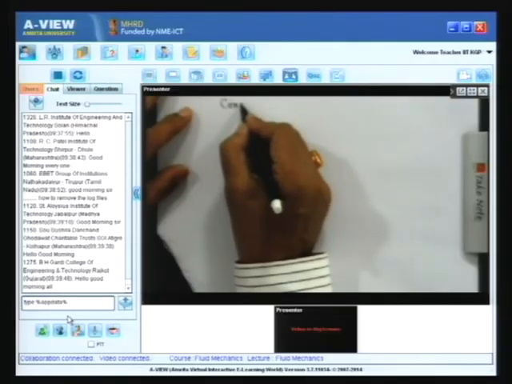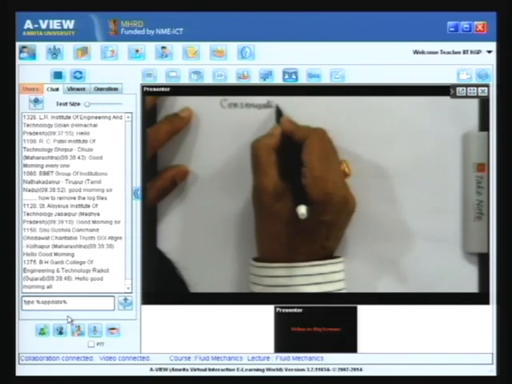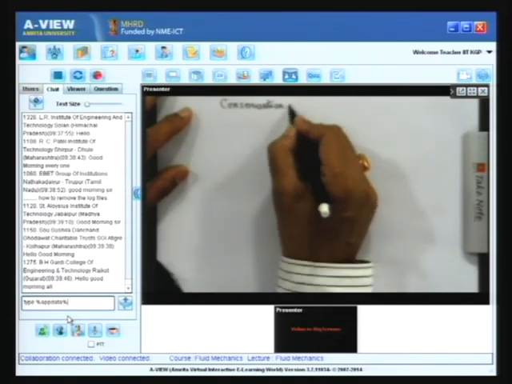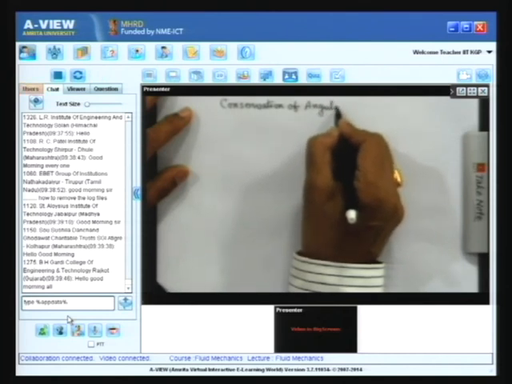Today we will discuss the same thing with respect to the conservation of angular momentum. Let us write: conservation of angular momentum.